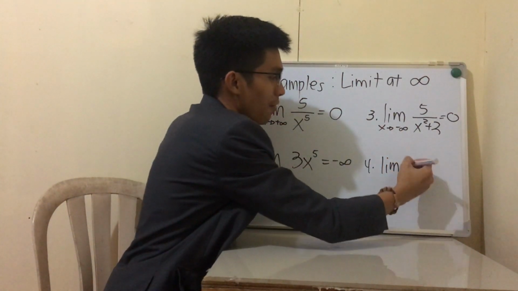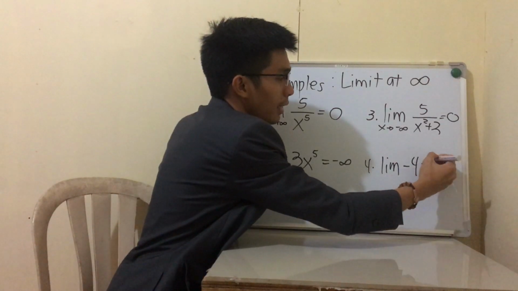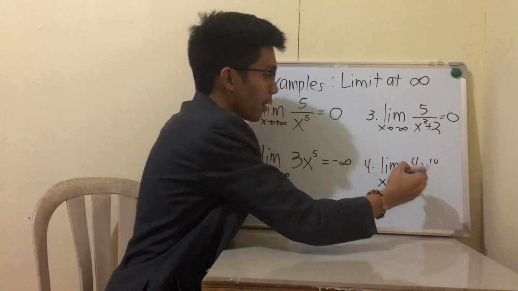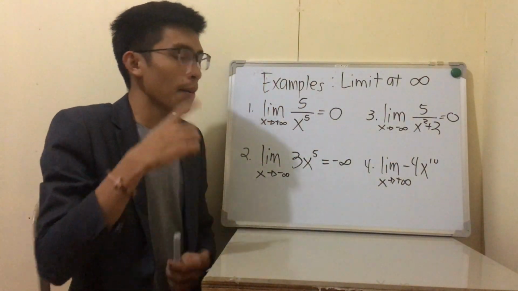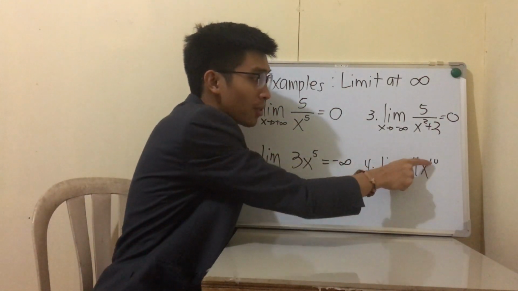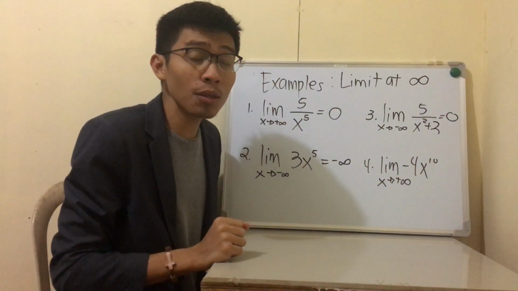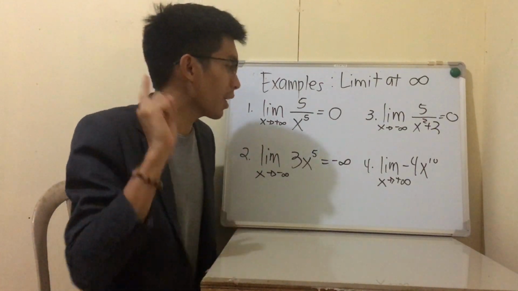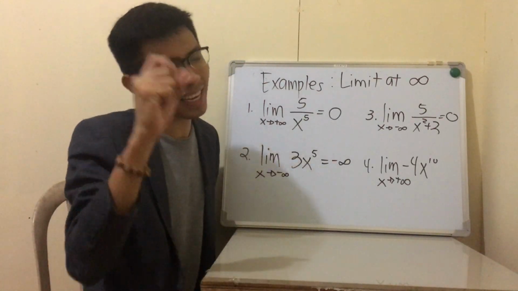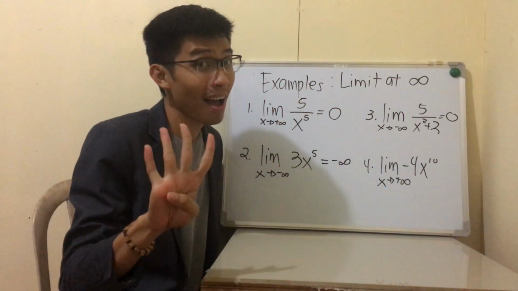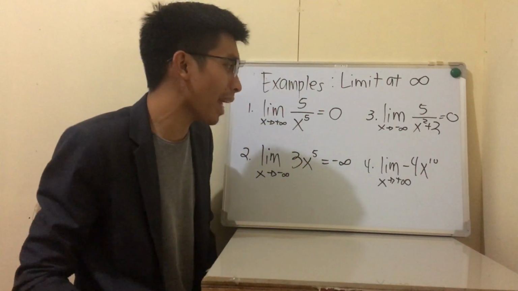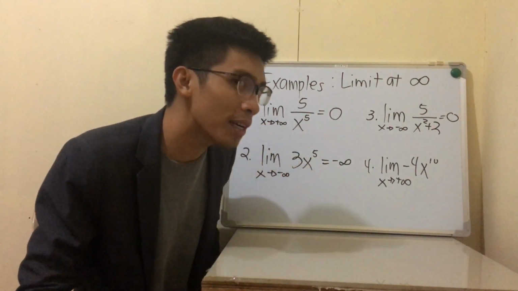The limit of negative 4x to the tenth as x approaches positive infinity. For example number 4, I'll give you 5 seconds to think. Okay, time is up. What is your answer for example number 4?